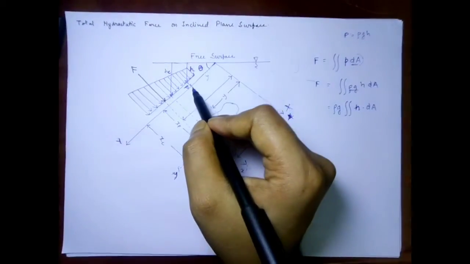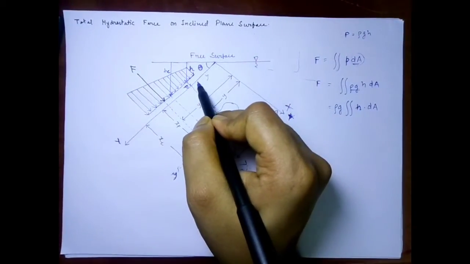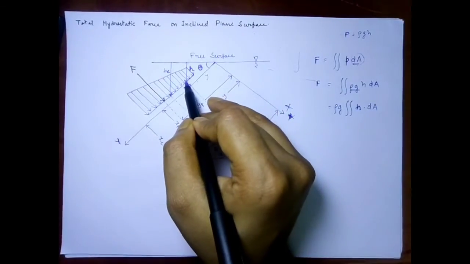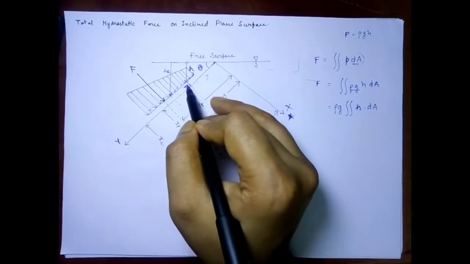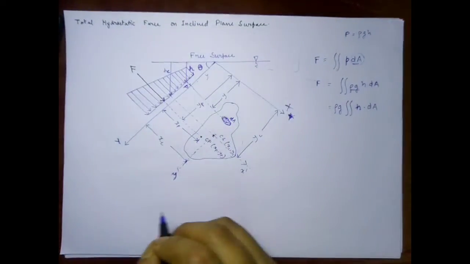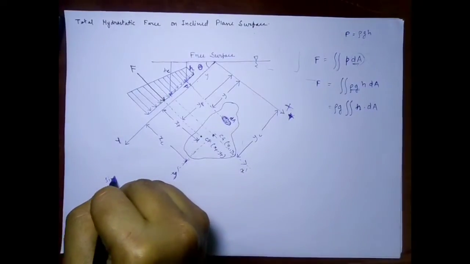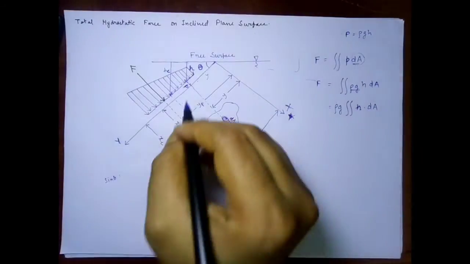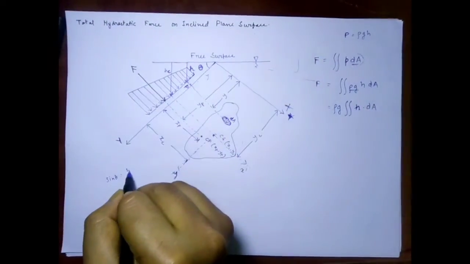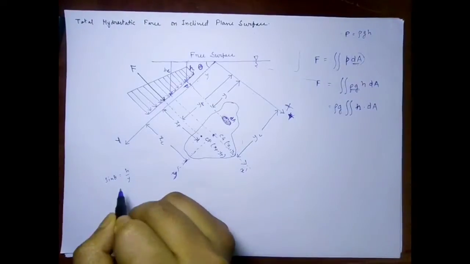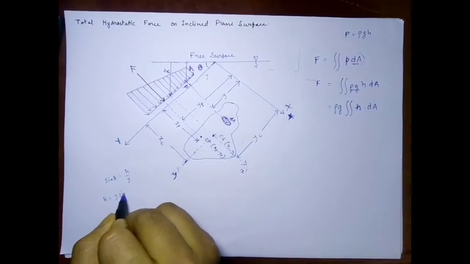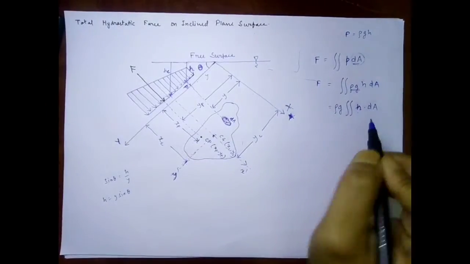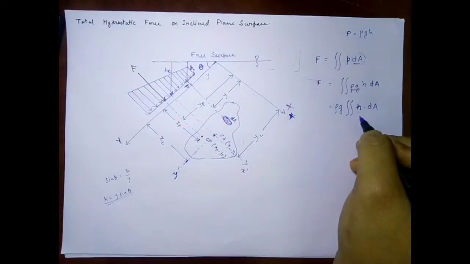If I resolve y, this part is cos theta and this part, which is equal to h, is actually sin theta. From this triangle, sin theta is the perpendicular by hypotenuse, that is h by y, or h equals y sin theta. So I can substitute h equals y sin theta over here.